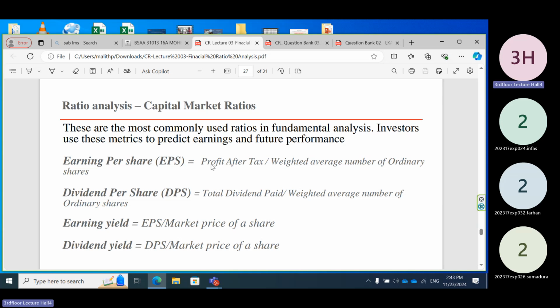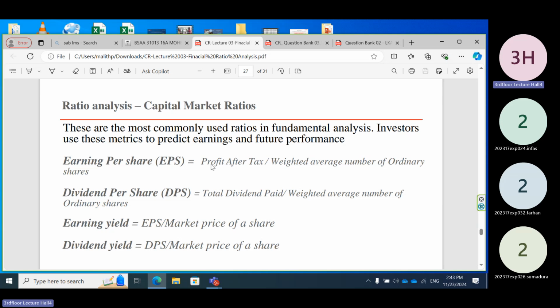Earnings per share can be lower than dividend per share. Earnings per share versus dividend per share: yes, it's possible. Let's say for the last 5 years they have not declared dividends, so they have more retained earnings.